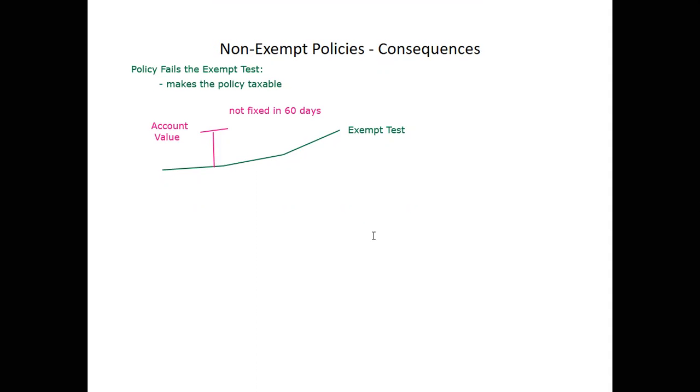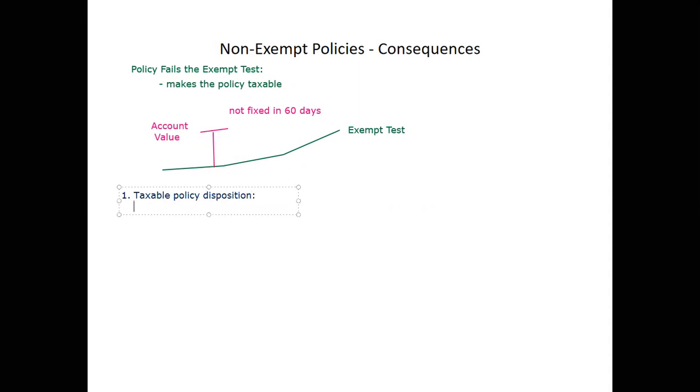It's the rare circumstance where I've seen this, and I think most insurers today would not let this happen, but whatever, I've seen it happen. So if it's not fixed in 60 days, then the first thing we have is a disposition of the policy. So number one, we have a taxable policy disposition.